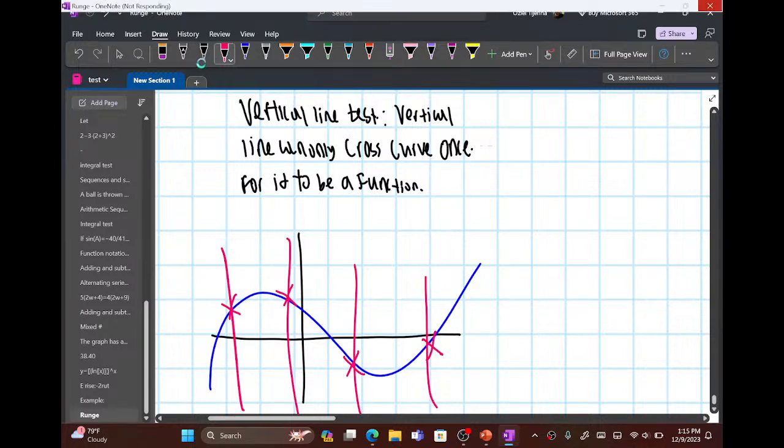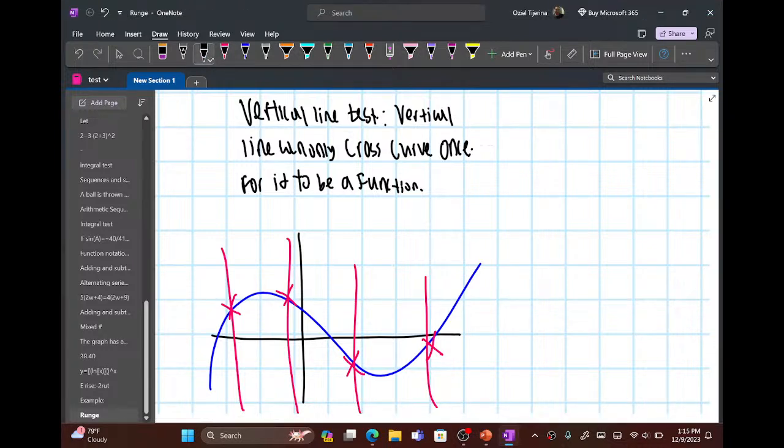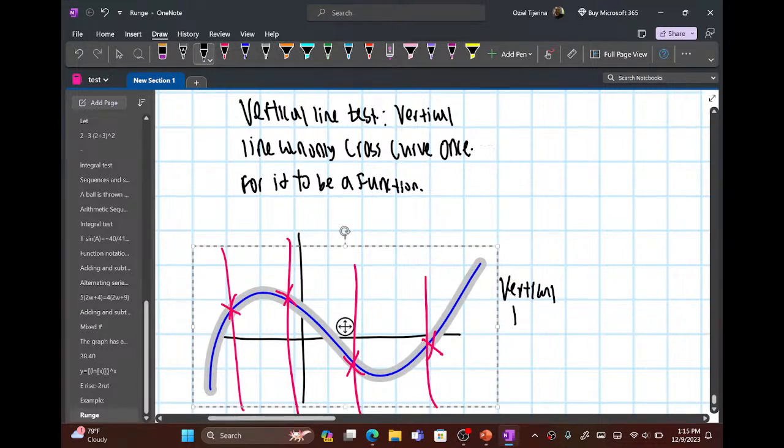So it follows the vertical line test, so this is a function. Vertical lines only cross once, thus the curve represents a function.